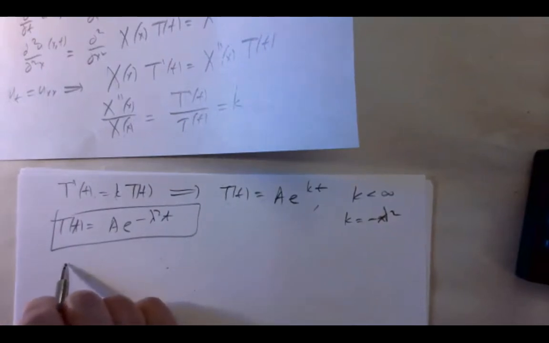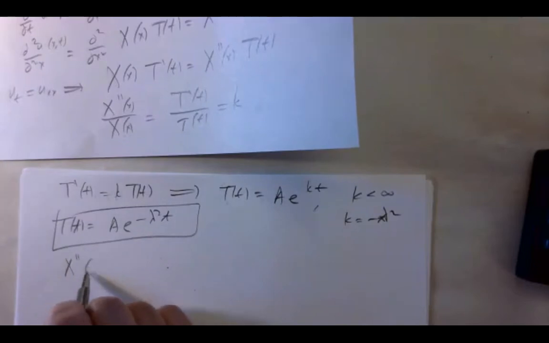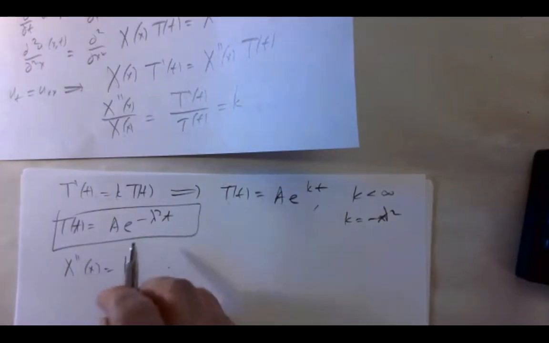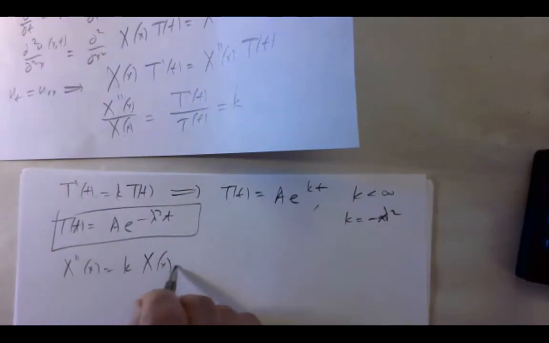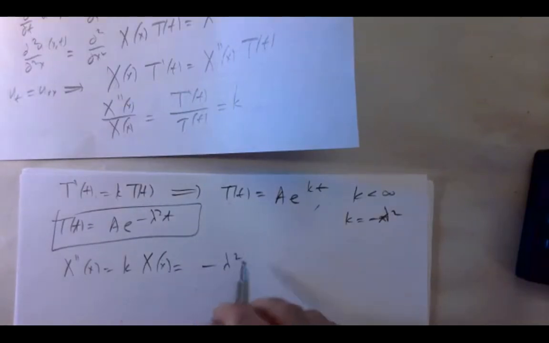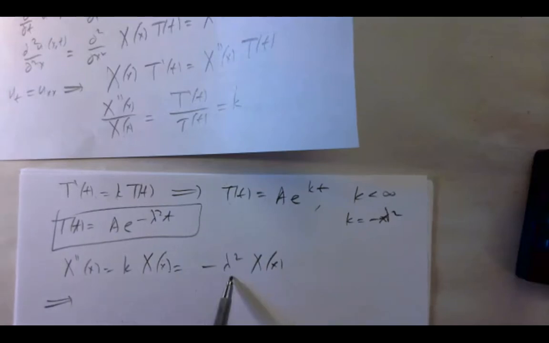And X double prime of x is k X of x, which is minus lambda squared X of x. Which means, for this second order ordinary differential equation, if this is negative, we expect this to be a linear combination of sines and cosines.